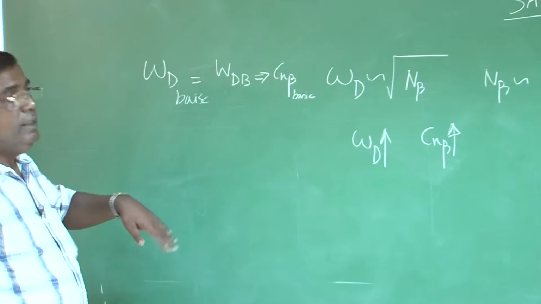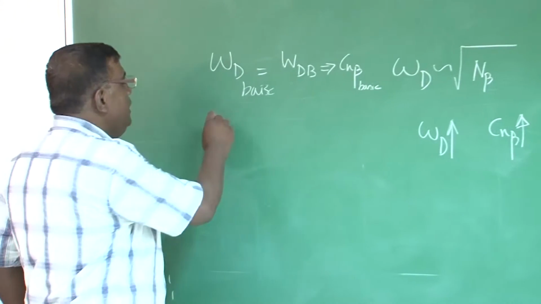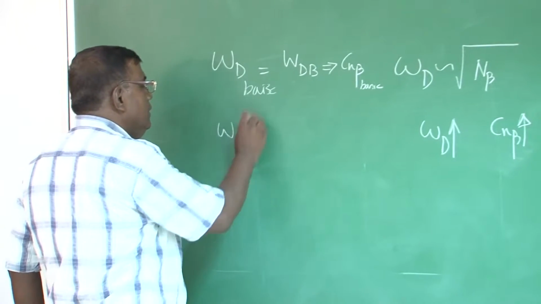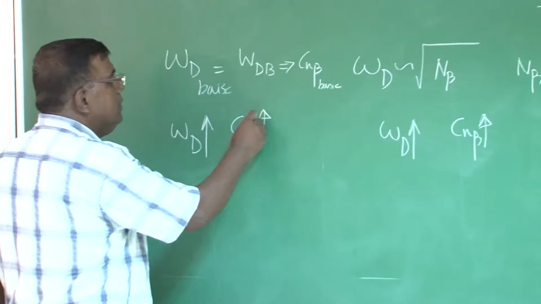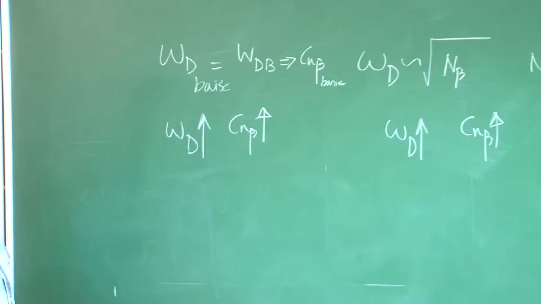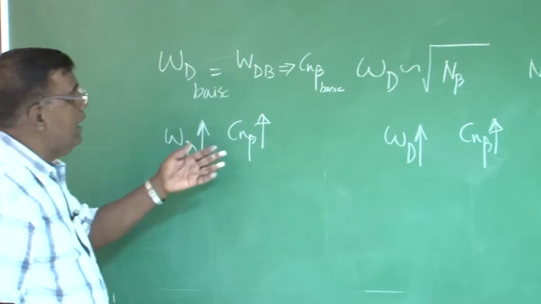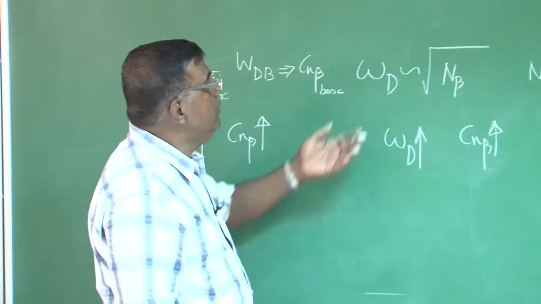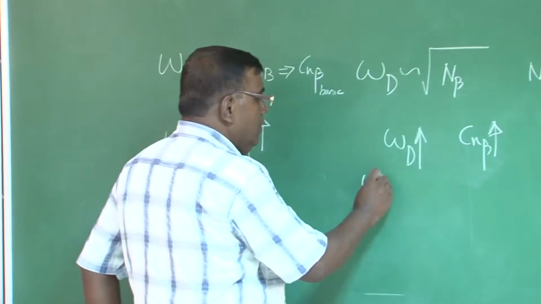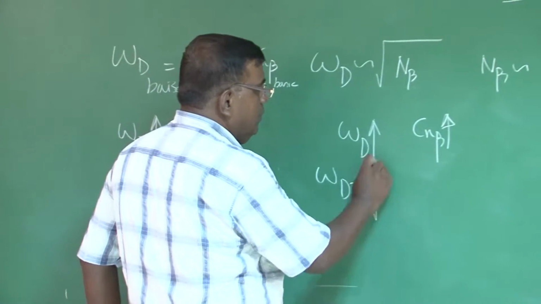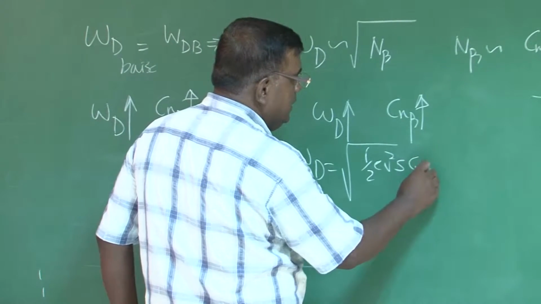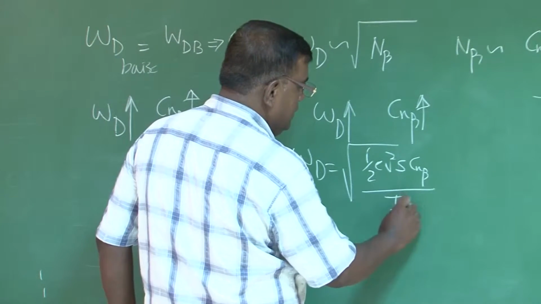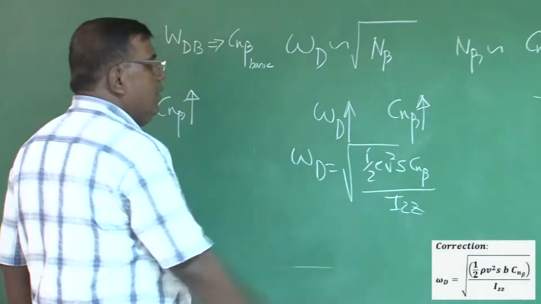Now you want to increase Dutch roll frequency, hence Cn beta has to be increased. How much does it have to be increased? For that, for an approximate value, I can use the expression omega d equal to under root of half rho V square S Cn beta by I zz. So all these values I know.